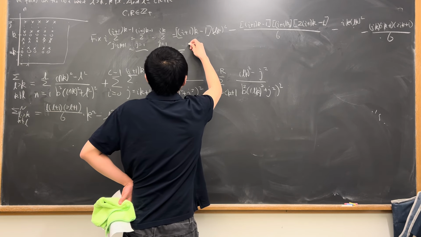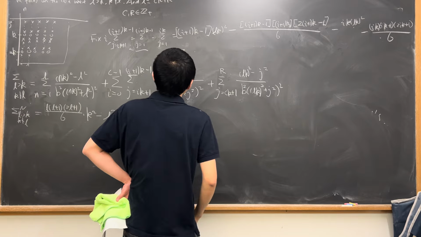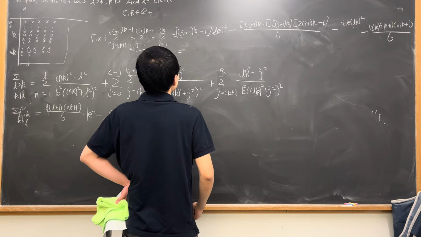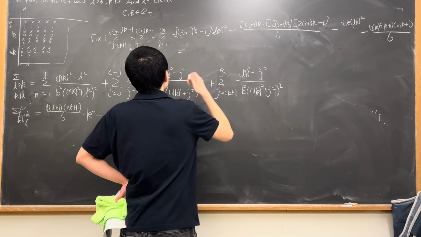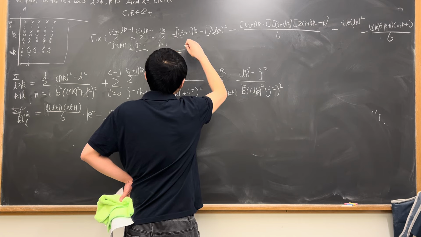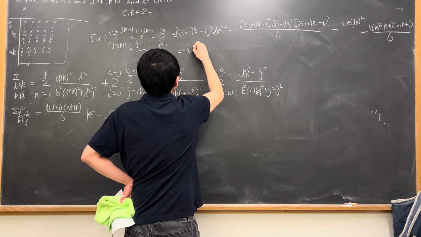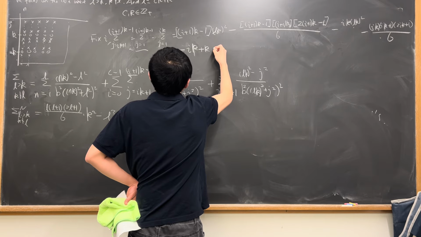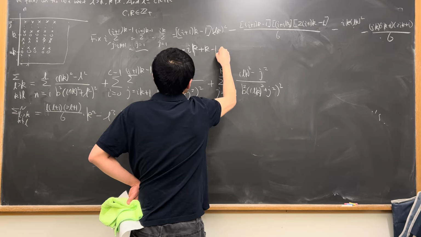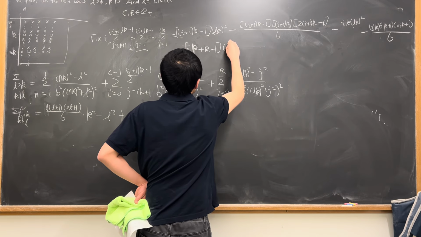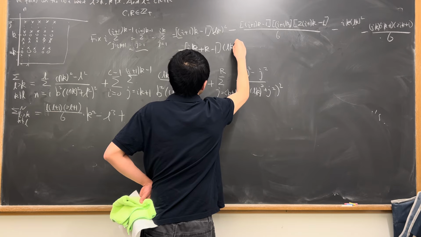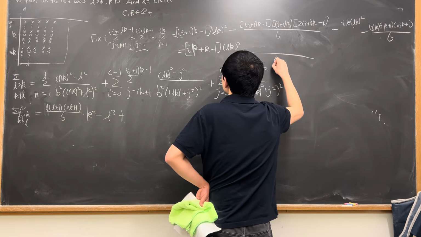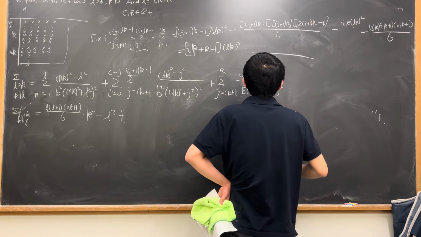For the first one, let me just expand the amount here, and then IK plus k minus 1 times LK squared minus, so this is over 6.